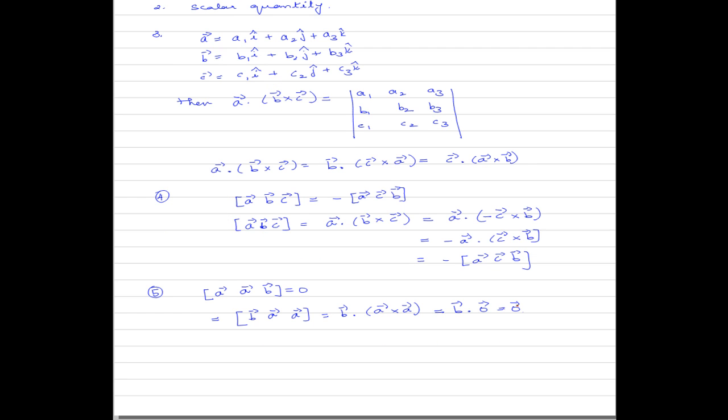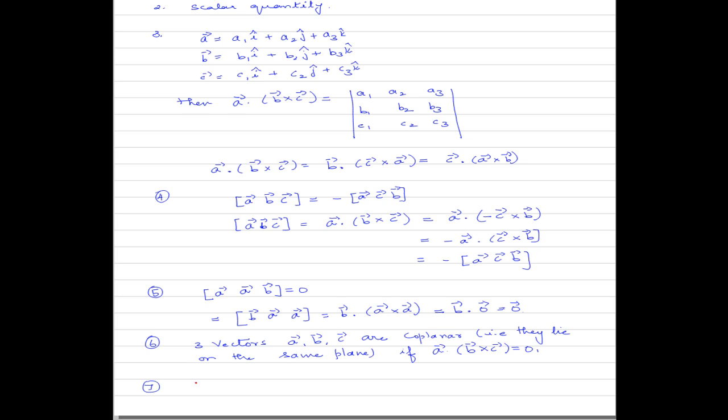Then the sixth property is that three vectors A vector, B vector, C vector are coplanar. Coplanar means they lie on the same plane. So three vectors are said to be coplanar if their scalar triple product is 0. If A vector dot B vector cross C vector is equal to 0, then the three vectors are said to be coplanar.